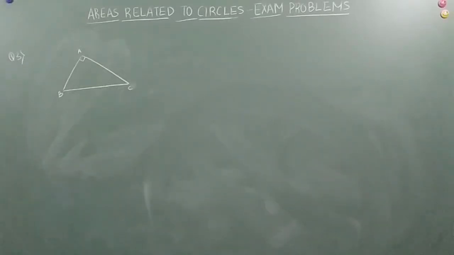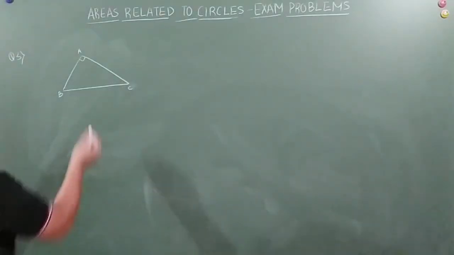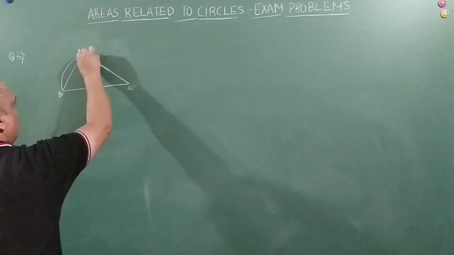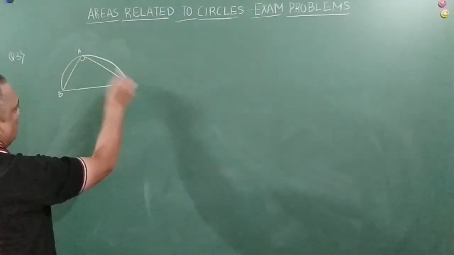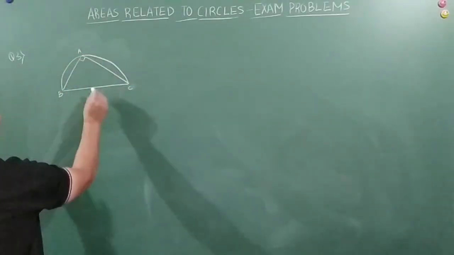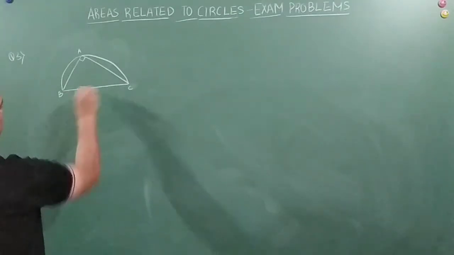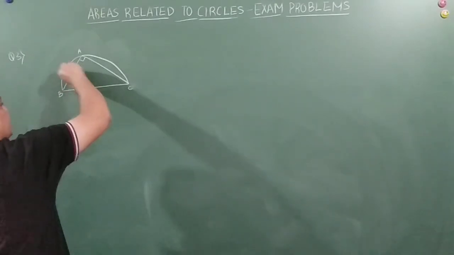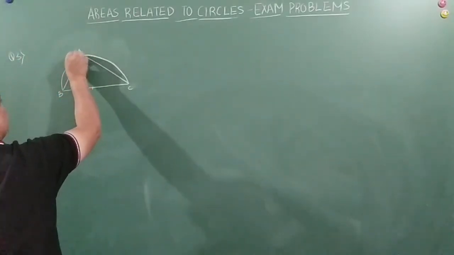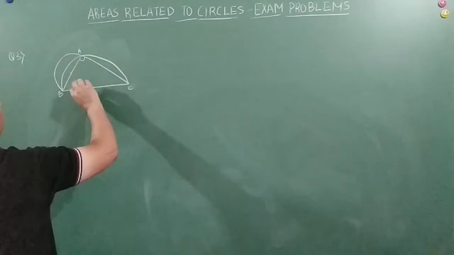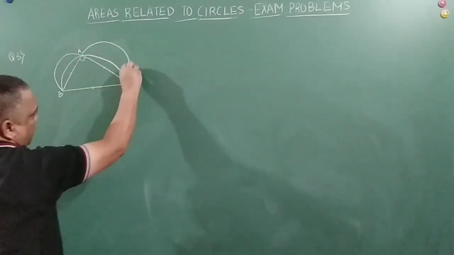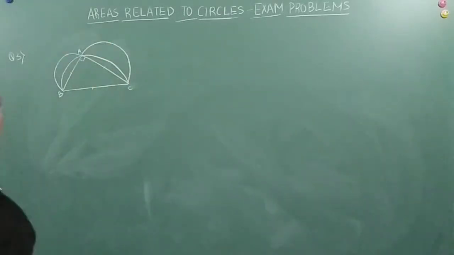Semicircles are drawn on AB, AC and BC as diameter. Okay, so let us first draw this semicircle. This has diameter, so this will be somewhere radius, right? So this is done. Now dividing this into half, I draw another semicircle, right?